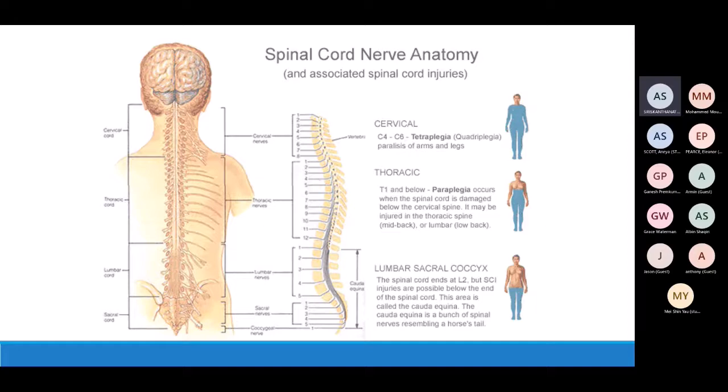And then anywhere around L1 and below, so your lumbosacral, will be just your lower limbs which are affected. And then the other bit to remember is your cauda equina, which mainly affects your bladder, bowels, and your lower limb.